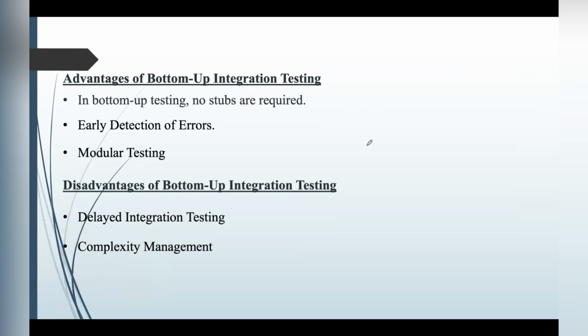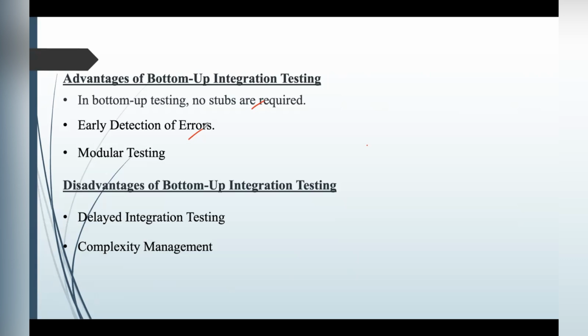Advantages of bottom-up integration testing include no stubs are required here and early detection of errors. Since individual components are tested first, issues related to the functionality of those components can be detected as well as resolved early.